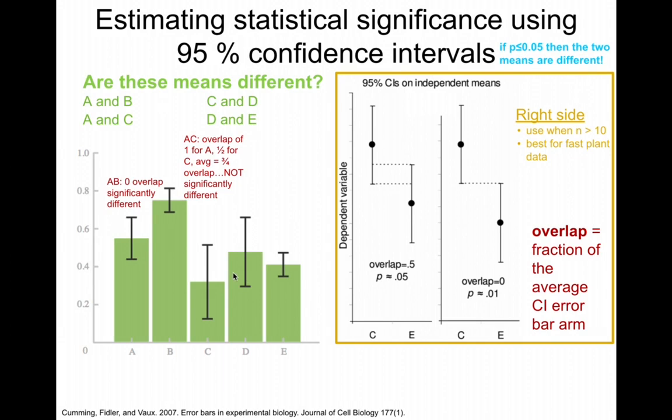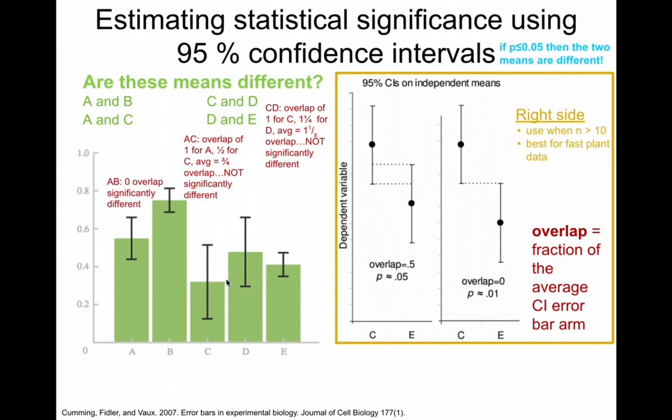And so we can tell that this is not going to be significantly different, even though we see that the means have different values. The different values are not significantly different from each other due to the significant overlap between these two error bars.